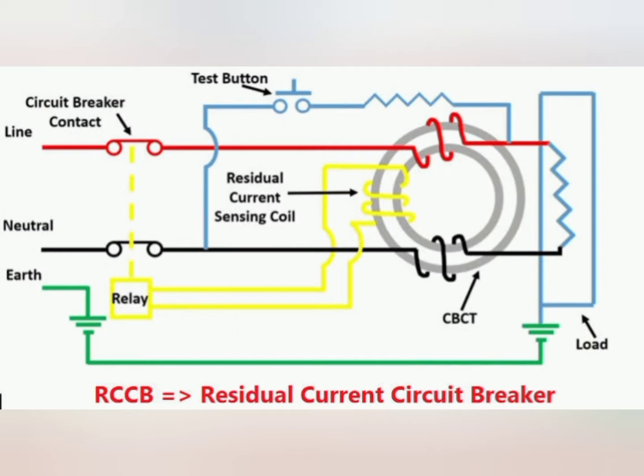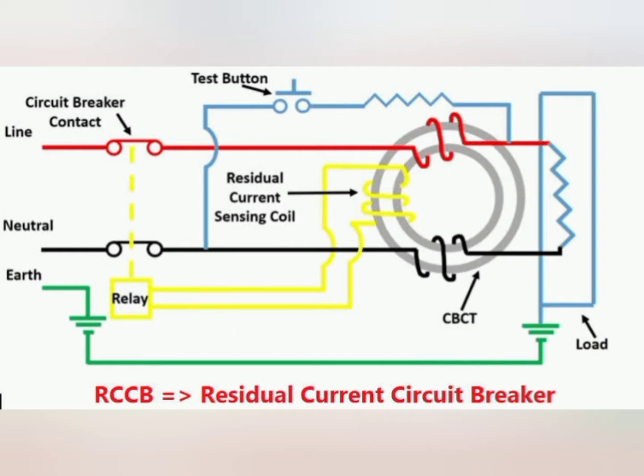When there is a flow in the earthing, which means when extra current is flowing to the earth rather than the entering and leaving path, automatically the sensor senses the current, and then it will initiate the trip to the relays, and the relays get triggered and open the circuit breaker contacts. And also additionally, a test button has been given.